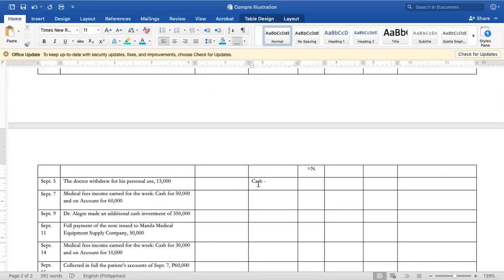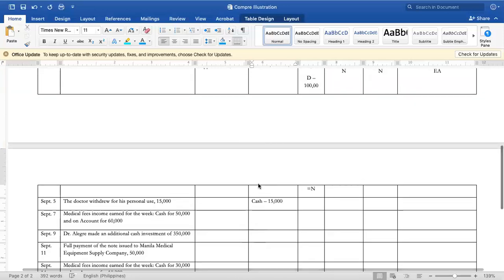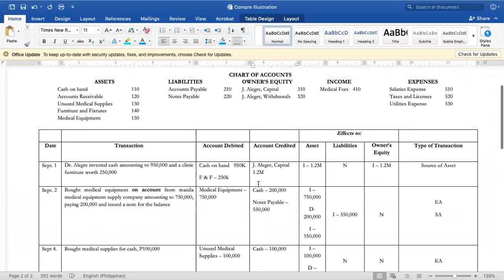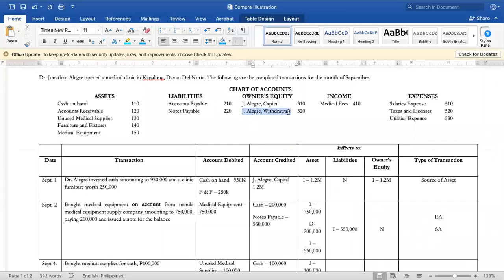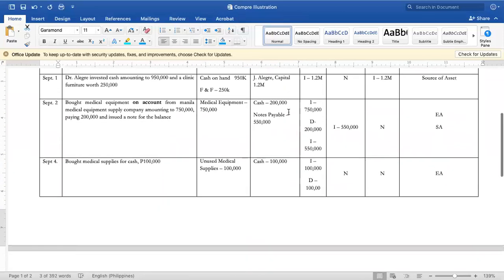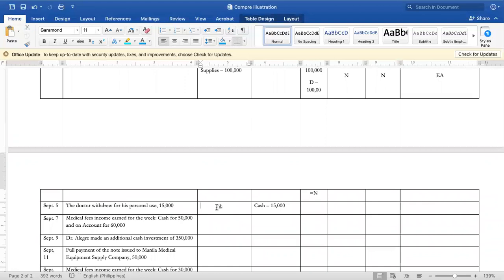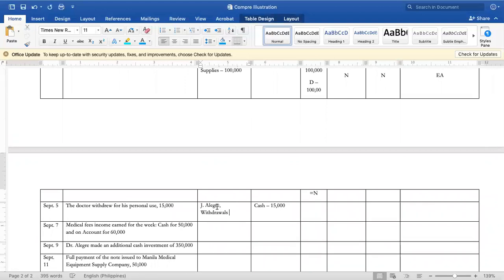So, cash 15,000. What do we debit? So we debit the withdrawal account, right? This is J Alegre Withdrawals. So we debit withdrawals. So the capital or owner's equity of Dr. Alegre is reduced by withdrawing 15,000.